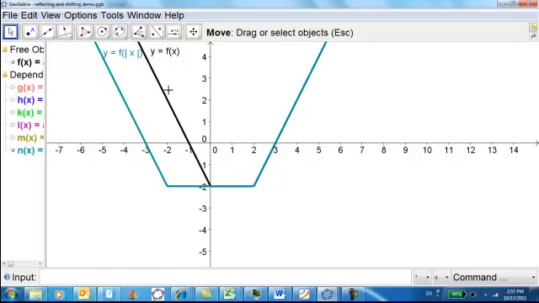If x is negative, though, this stuff disappears. And the negative stuff over here acts like the positive stuff over here. So we basically ignore the stuff to the left of the y-axis, and we reflect the stuff to the right of the y-axis over the y-axis for absolute value of x. Okay?